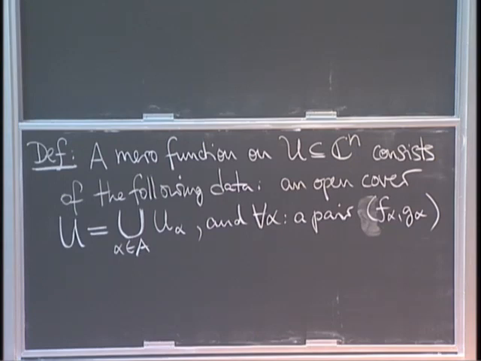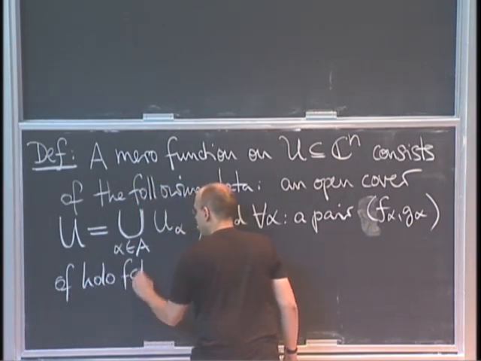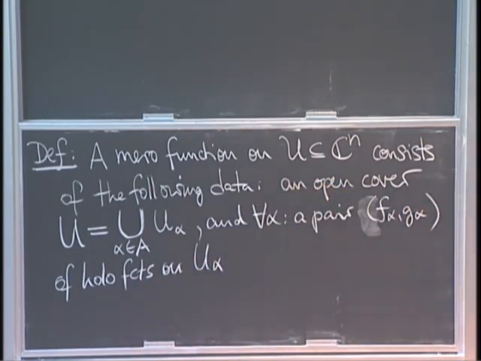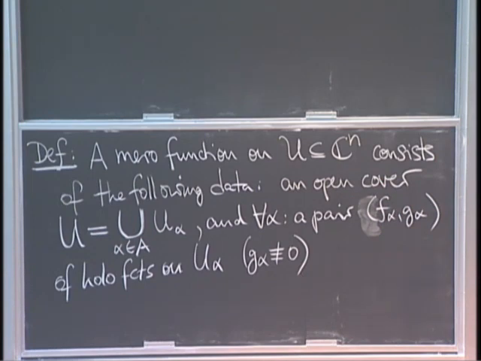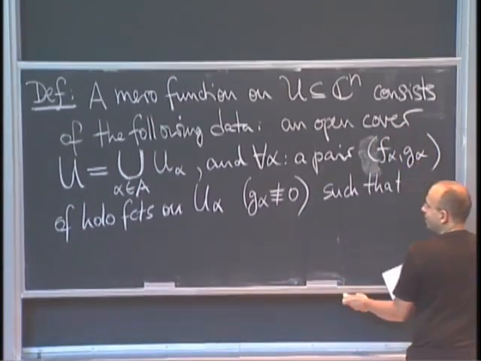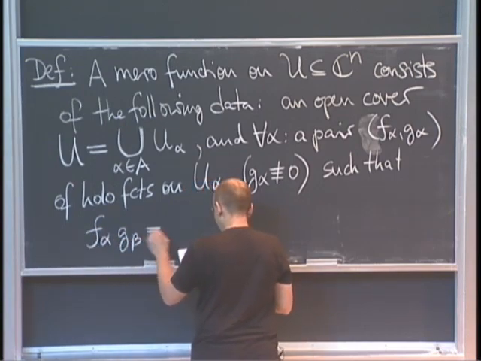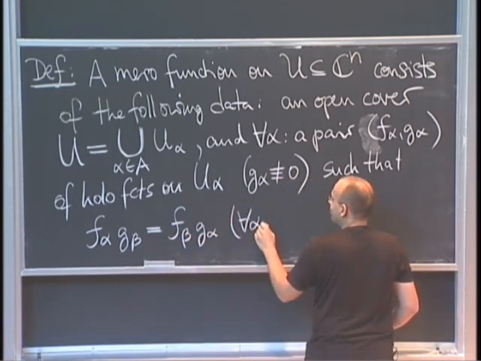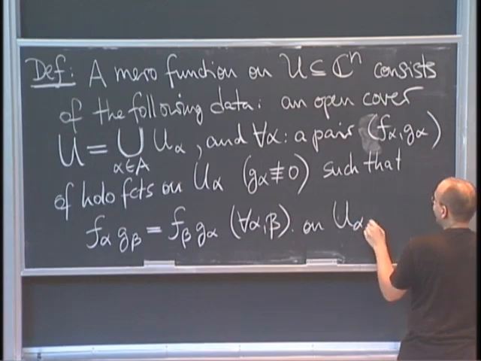So f is going to be the numerator and g is going to be the denominator, with g_alpha not identically 0, such that f_alpha g_beta is equal to f_beta g_alpha for all pairs of indices alpha, beta on U_alpha intersected U_beta.